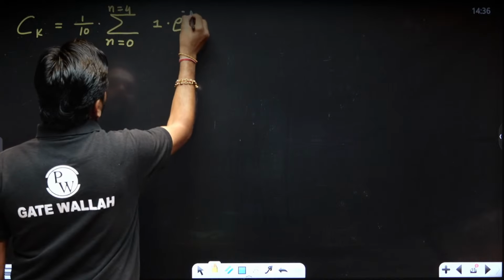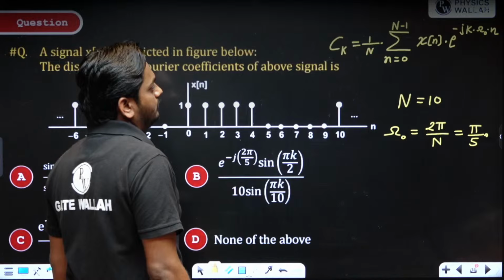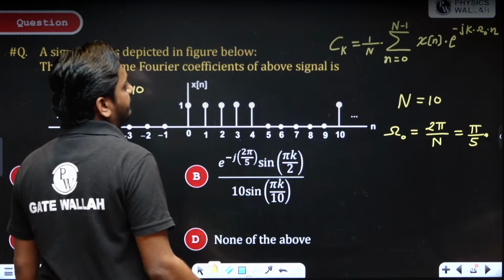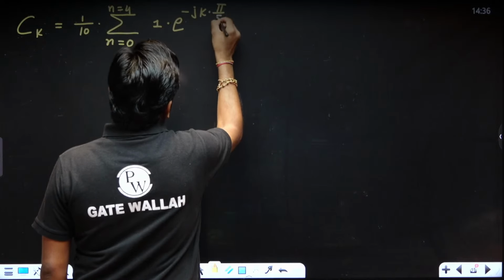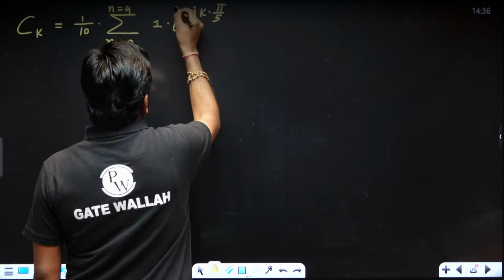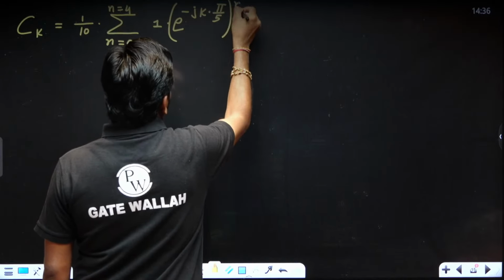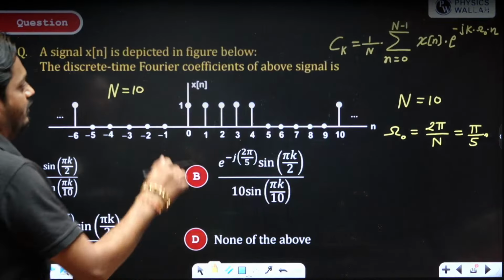Into e to the power minus j k into omega 0. Omega 0 is pi by 5, and I am writing it like this, into n, so e power minus j k pi by 5, power n.